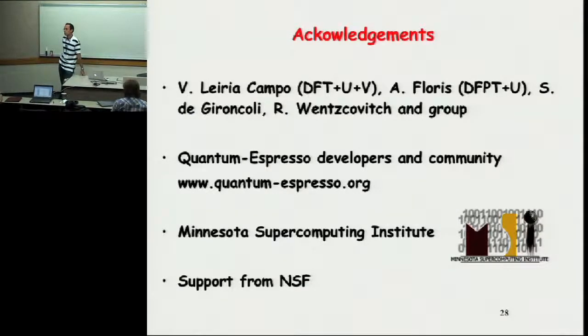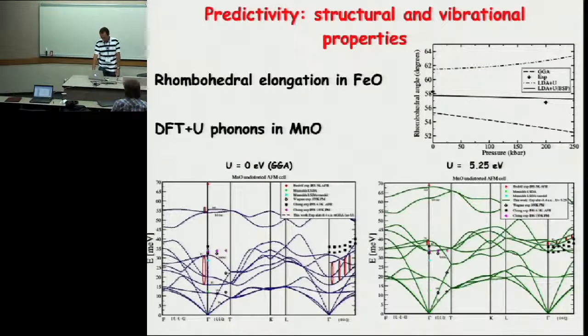Would you please bring back this phonon calculation? I have a question. You showed clearly that you have to have these U parameters in order to get the right phonon spectrum. But how sensitive is your result, the dispersion relation, to the parameter you chose for U? Let's say if you gave a 10% larger U, how does that reflect in the phonon frequency calculation?